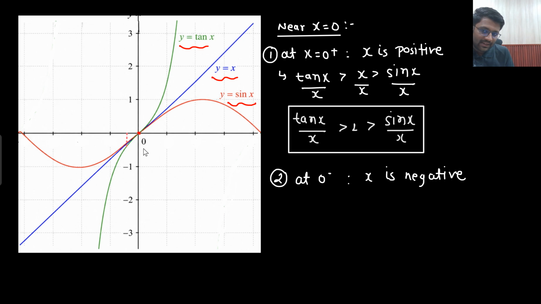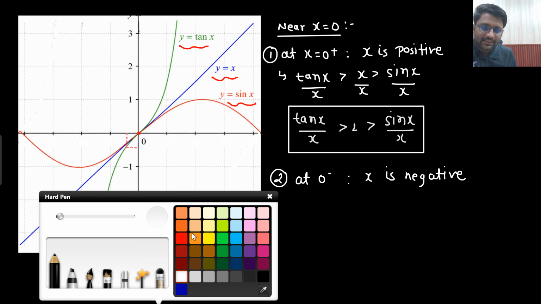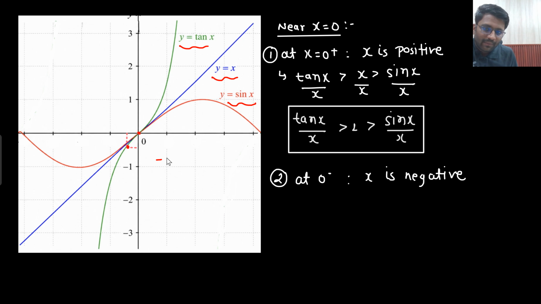These three are the values: this is your sin x, then this is your y equals x, and this is your tan x. If tan x is, let's just say, giving the value minus 0.5, then sin x is giving the value minus 0.3, and x is giving the value minus 0.4. Is that understandable to you? This tan x is looking bigger, but on the negative side.